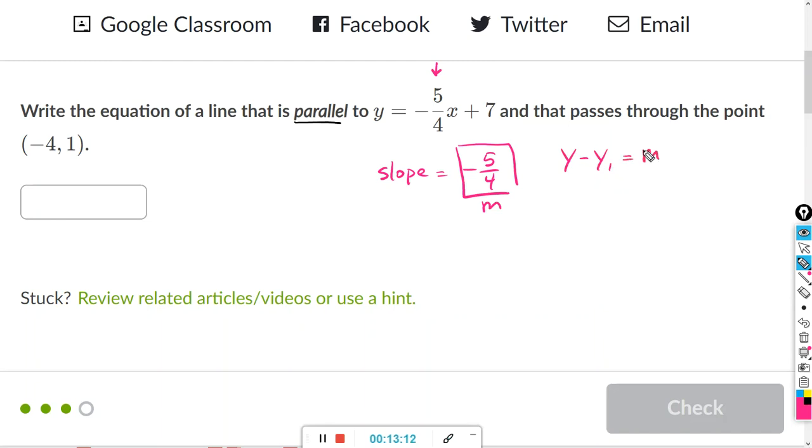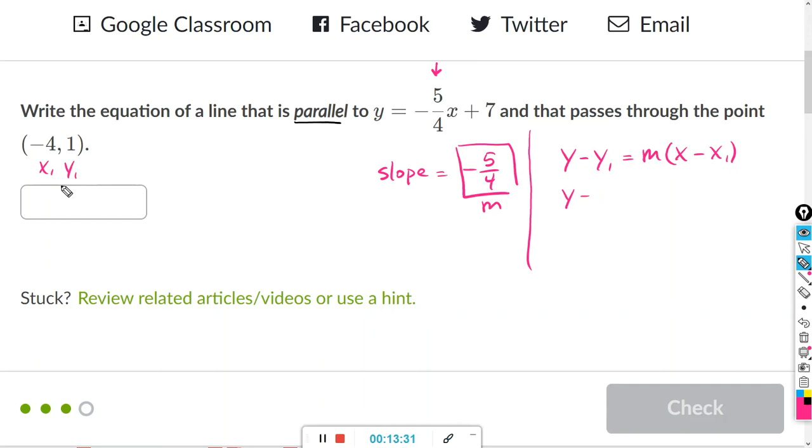y minus y1 equals m times x minus x1. Remember, x1 and y1 is the point that you're plugging in.